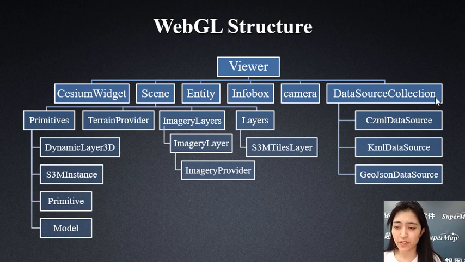These 3 types of data sources can be added to the viewer to display. Okay, that's our structure: using entity to load the entity objects, and it includes a scene, entity, info box, camera, and data source collection.